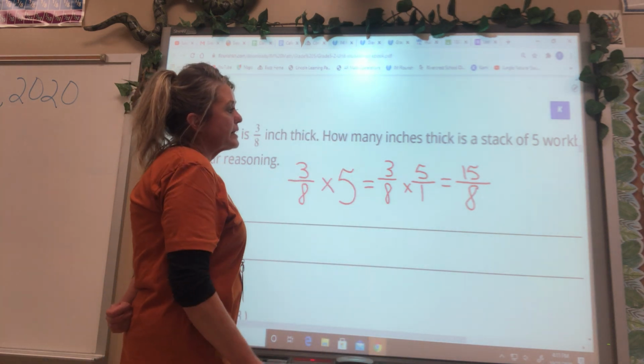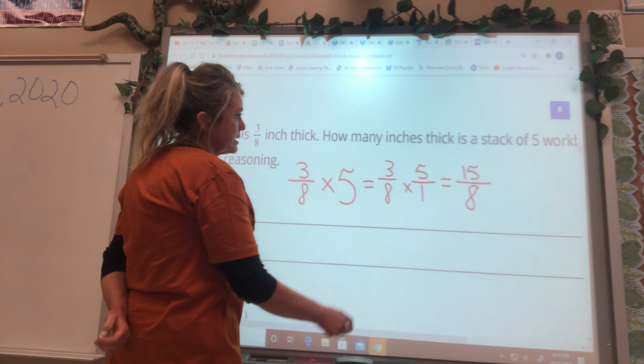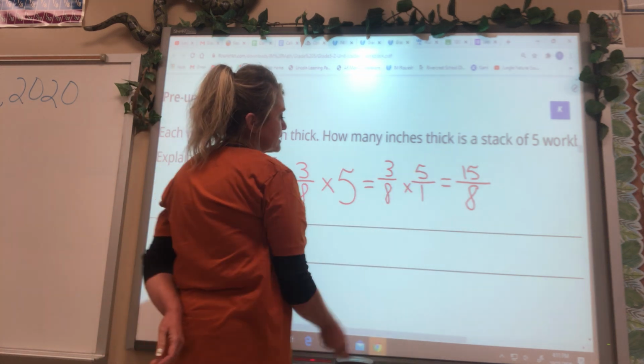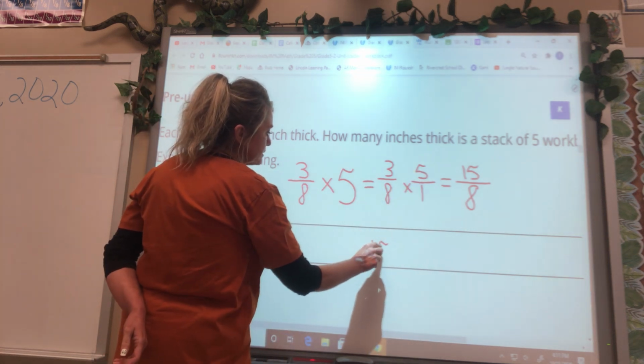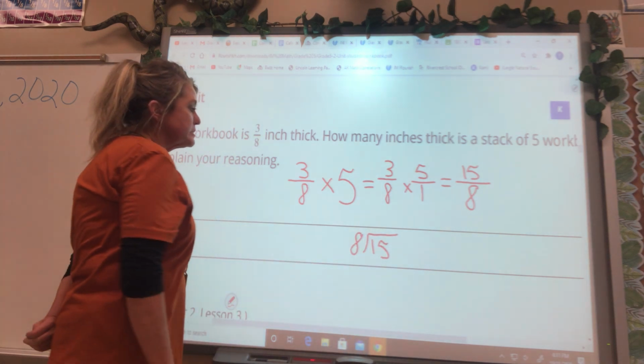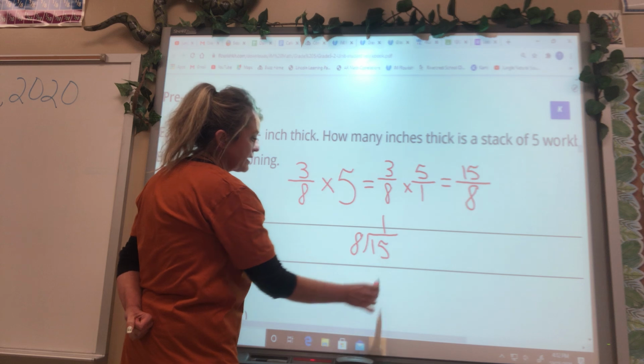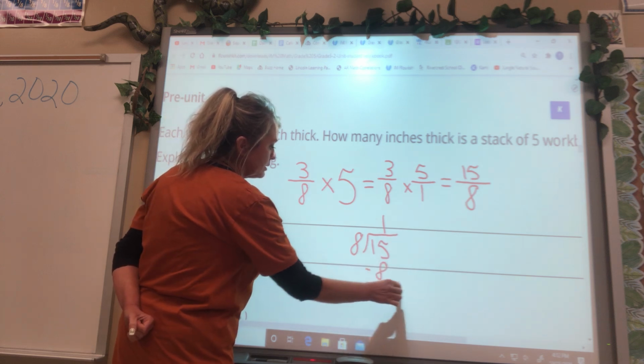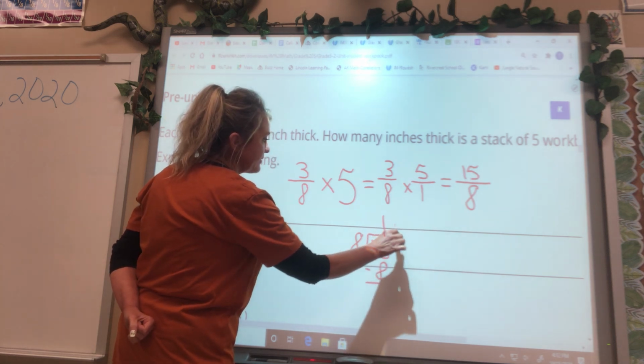And then we can turn that into a mixed number by simply dividing, just like we would say it, 15 divided by 8. 8 goes into 15 one time with a remainder of 7.